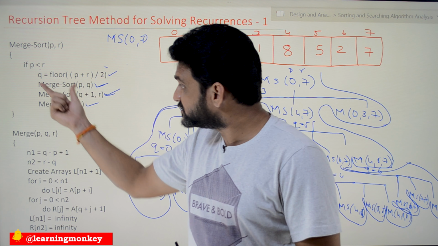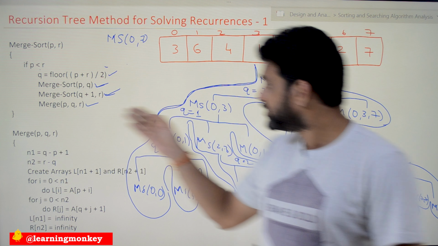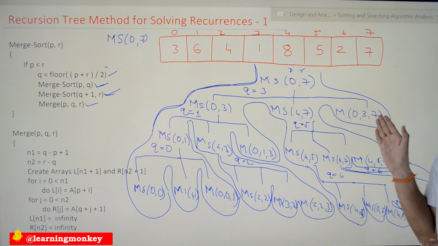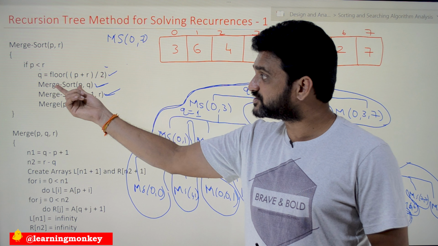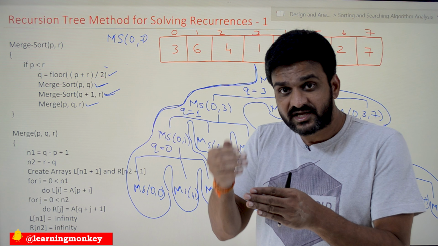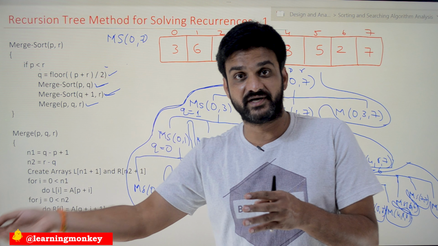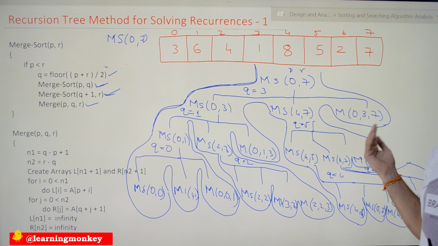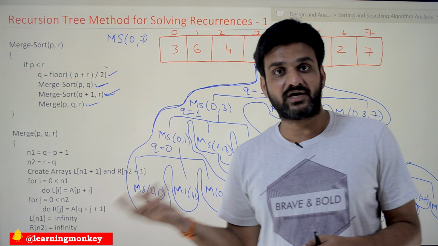So in order for these 3 functions to get executed, whatever the function calls that are there, those are to be shown here, okay, with the values. And for this first function call to get executed, each and every function call we have to consider, and for that function call to get executed, what are the function calls that are made, are to be shown in the recursive tree. So these are all the steps that are involved to draw the recursive tree.